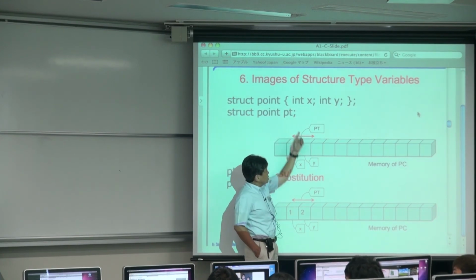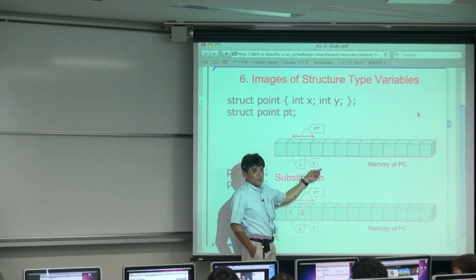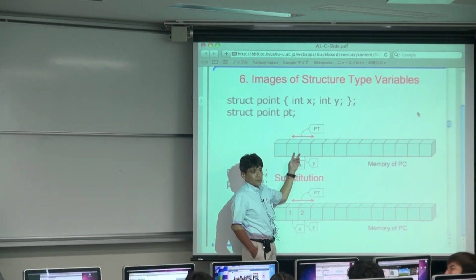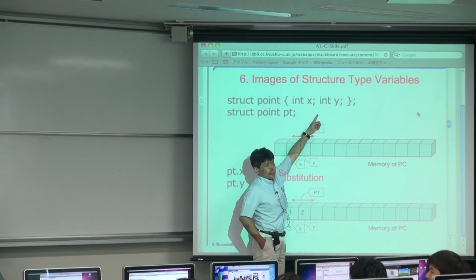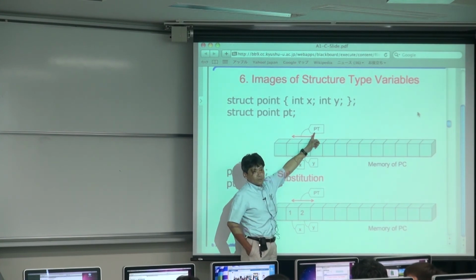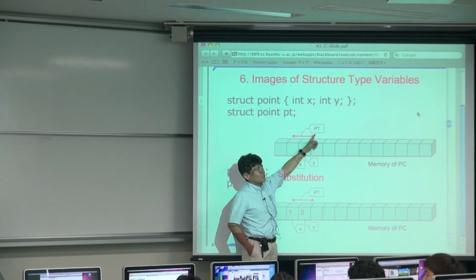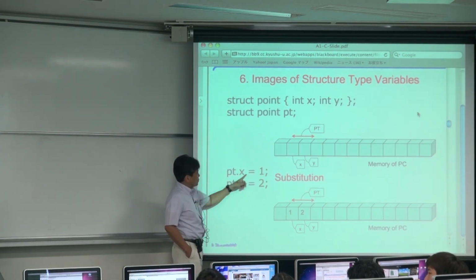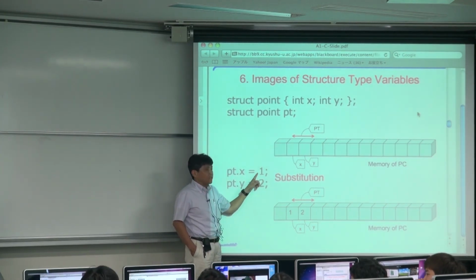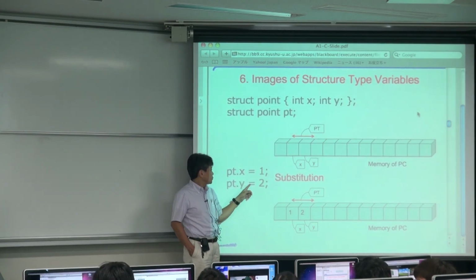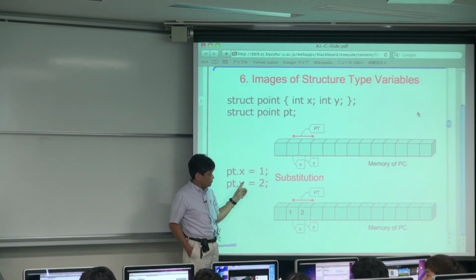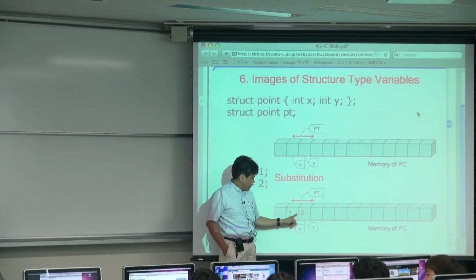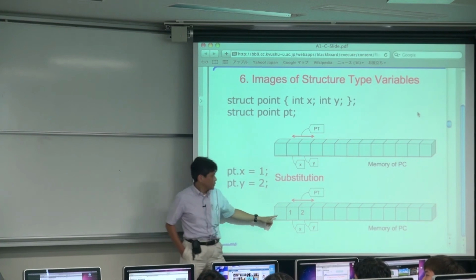In these cases, in the physical memory of your computer, these two boxes are prepared for member variables, especially for the point structure data type. Okay? So if you substitute 1 and 2 to x and y, this box has 1 and 2 in this way.